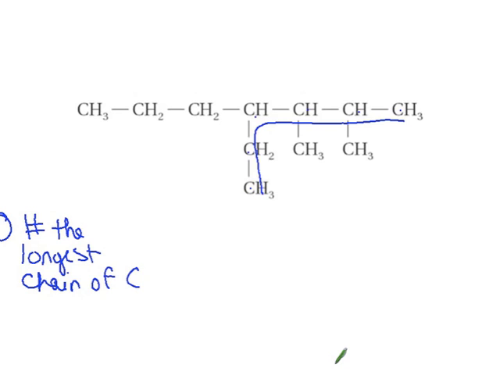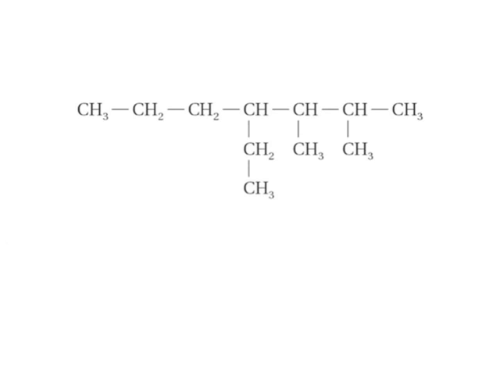It could be a straight chain like this. 1, 2, 3, 4, 5, 6, 7. There's 7, so there's no other straight chains there. So we're going to number the longest chain. That's our first step. You find the longest chain and you number it.